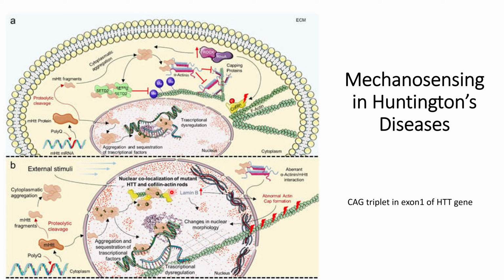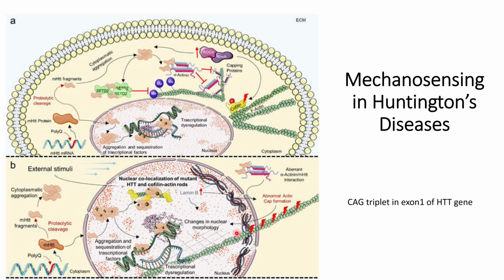This increase in lamin B plays a role towards actin cap formation. So an increase in lamin B will cause an increase in actin rod-like structure formation. This leads to actin rod-like structure formation also within the nucleus.